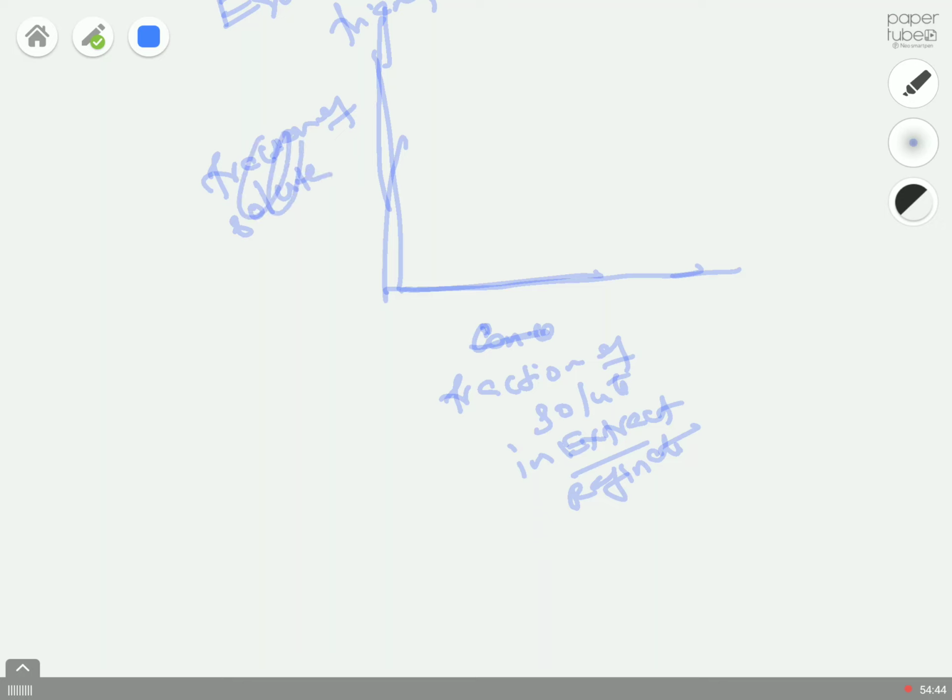solute. I think my handwriting is getting worse. Fraction of solute in extract, yes. And this one is fraction of solute in raffinate.